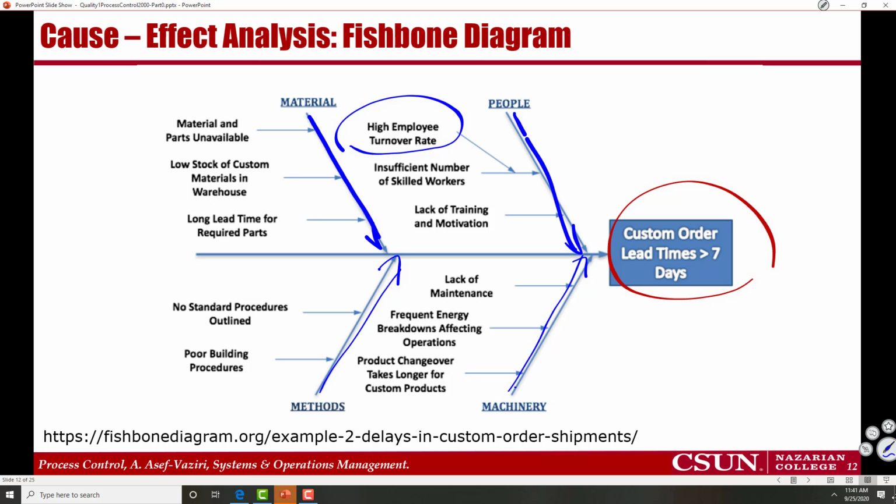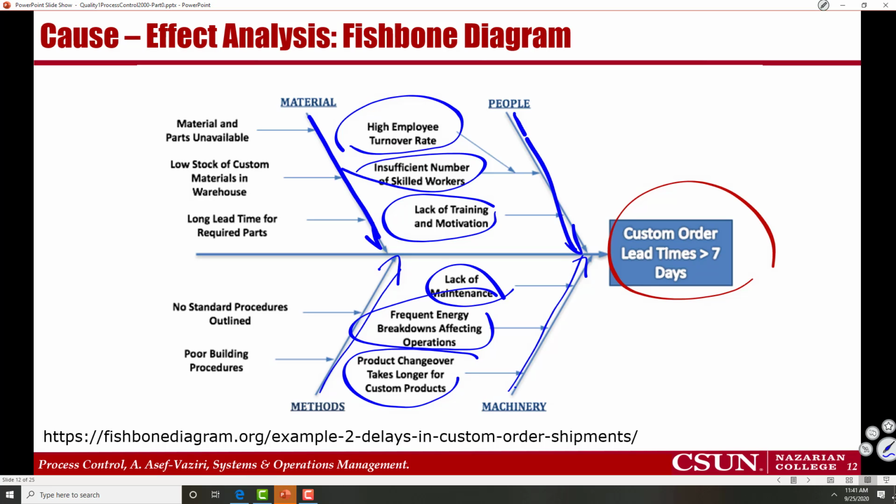They come and leave. We have an insufficient number of skilled workers. We do not have good training and motivation. Machinery: change over time from one product to another is high. We have frequent energy breakdown. We have lack of maintenance. Methods, material: we can go through all causes and causes of those causes.